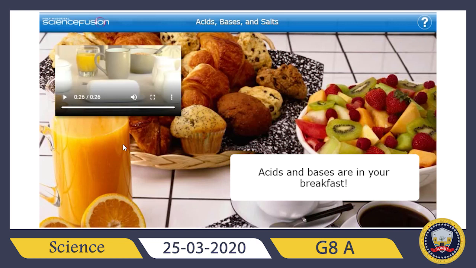But we are using bases in our cleaning products like shampoo or window cleaners, or any type of detergent. So basically what you can understand from this is that we use acids or bases a lot in our daily life.